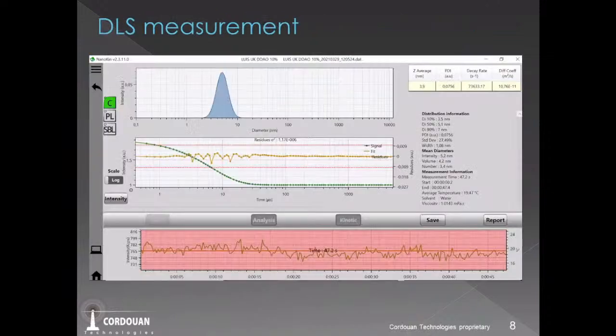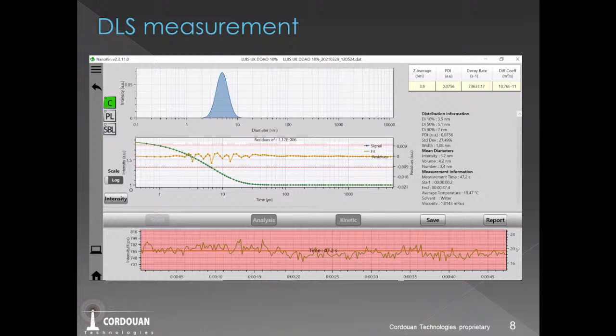So this is the way we are measuring our nanoparticles. First, you have what we call a timeline. This is the photons coming on your detector. We gather all the photons, and we do an autocorrelation on this whole timeline. This is 45, 50 seconds, for example. First, you find this data, the blue dots. The blue dots are the experimental data that we are getting from the detector, from the autocorrelation function.